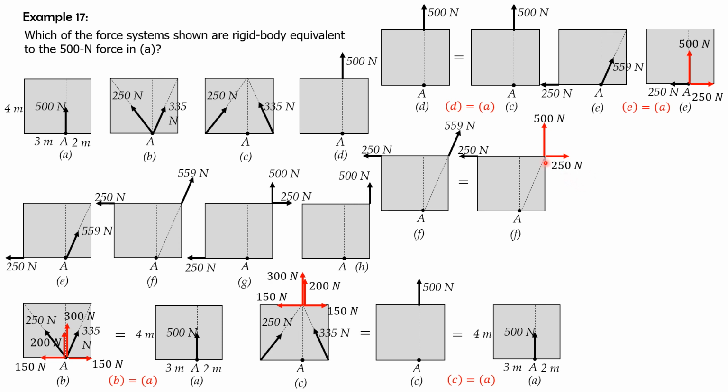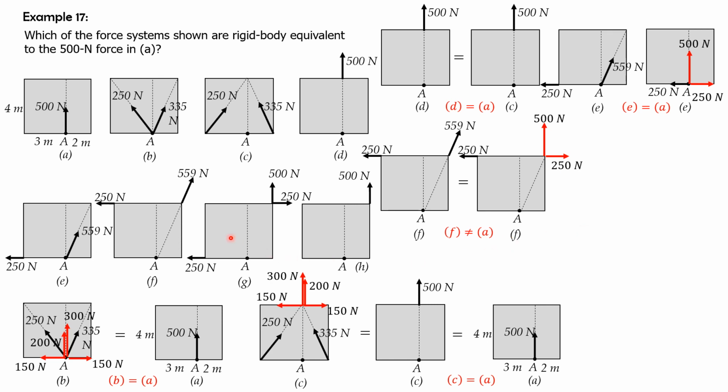So leaving a 500 Newton force acting at the top right corner. This point, top right corner, though they have the same magnitude as that of A, 500 upward, but because this point is not on the line of action of the force at A, this is vertical, therefore force system at F is not equal to force system at A.